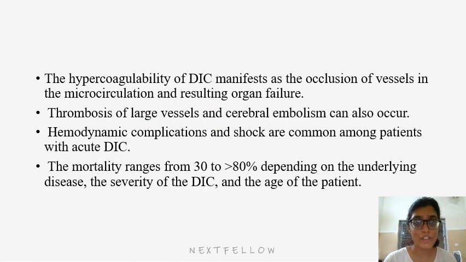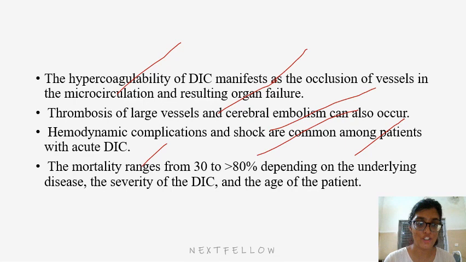The hypercoagulability of DIC manifests as occlusion of vessels in the microcirculation and organ failure. Thrombosis of large vessels and cerebral embolism can also occur. Hemodynamic complications and shock are common among patients with acute DIC. The mortality ranges from 30 to greater than 80% depending on the underlying disease, the severity of DIC, and the age of the patient.